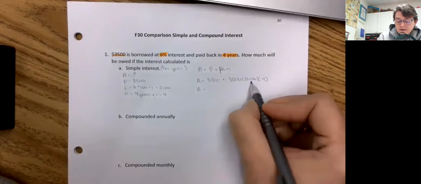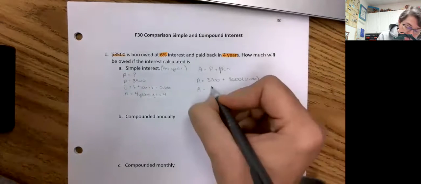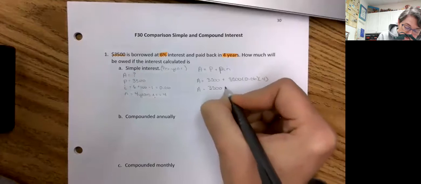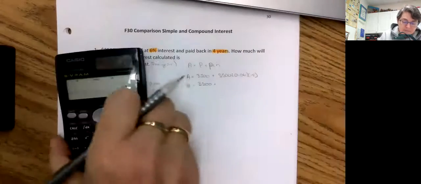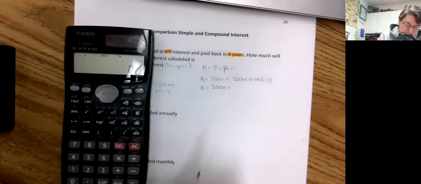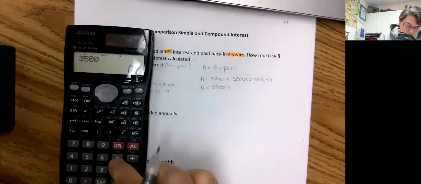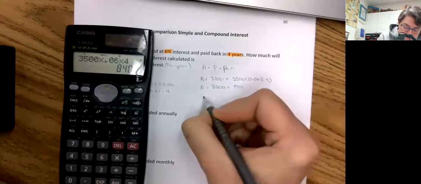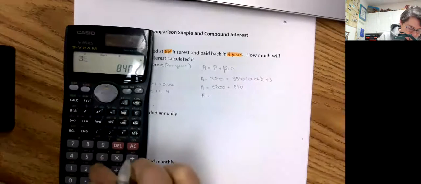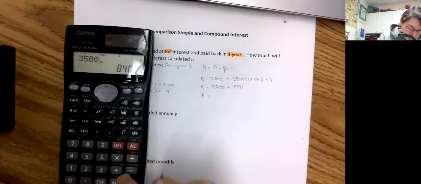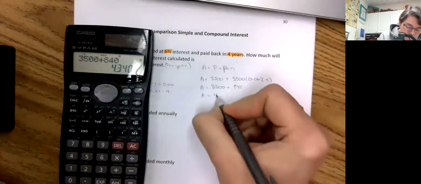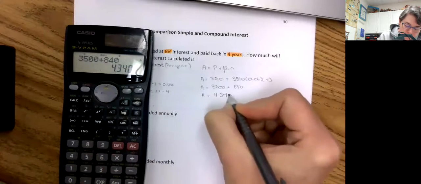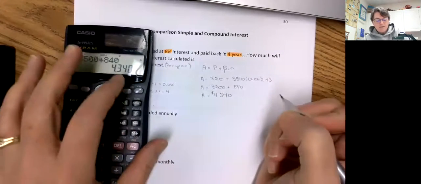This is the interest per year, so we're going to put that 4 times over. 3,500 times 0.06 times 4 is equal to 840, and the total is 4,340. There we go. There's my simple interest.